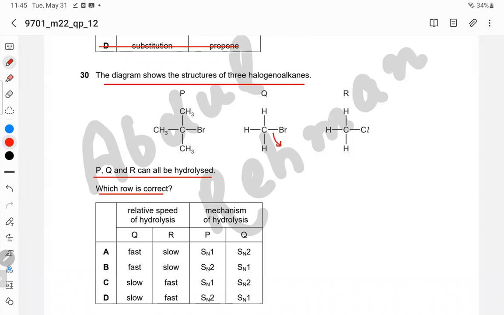Carbon-bromine bond is stronger. No, sorry, is weaker than carbon-chlorine bond. If the bond is stronger, it reacts slowly, and if weaker, it reacts faster. On the basis of that, we can conclude Q reacts faster, and that makes me mark C and D as wrong options. Is this clear to everyone?